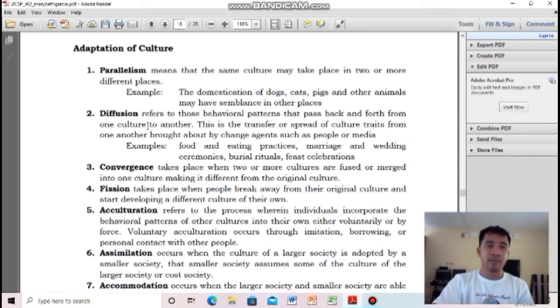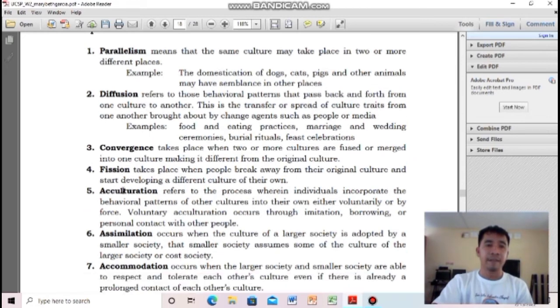Okay. Next is convergence. Takes place when two or more cultures are fused or merged into one culture, making it different from the original culture. Mga convergence, the word converge, kumbaga isa sila. Then, once nag-isa sila, it will be different from the original culture.